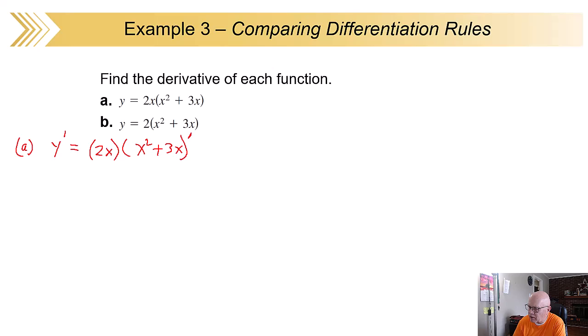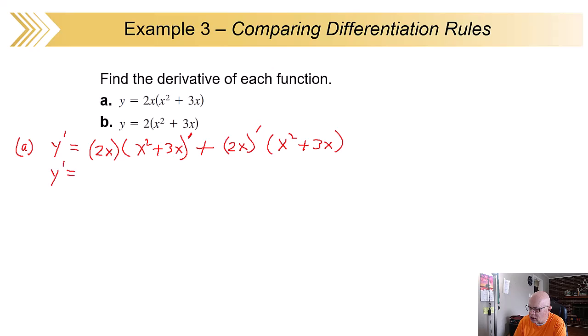I want the derivative of that one. Remember, with the product rule, there's a plus between those two. That's very important because the quotient rule is different. Plus, and then we're going to swap the roles of those two. We'll take the derivative of 2x this time, and we'll leave the x squared plus 3x alone in the second one.